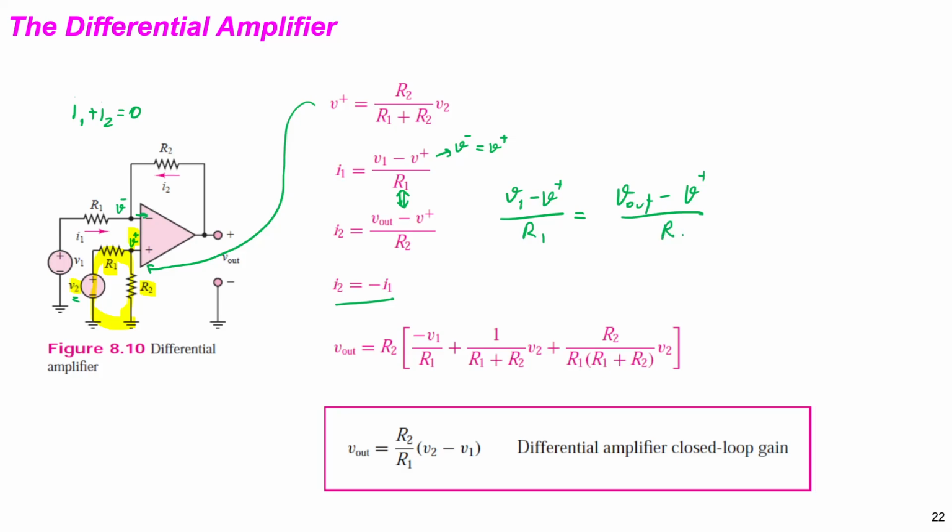by R2. And then we substitute V positive here, and V positive here, and we can rearrange into this form.